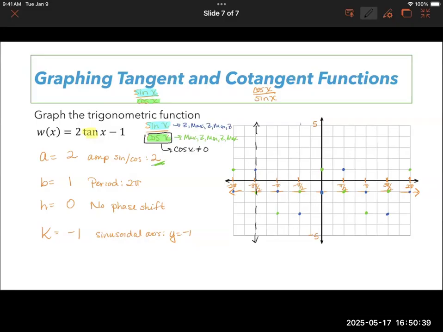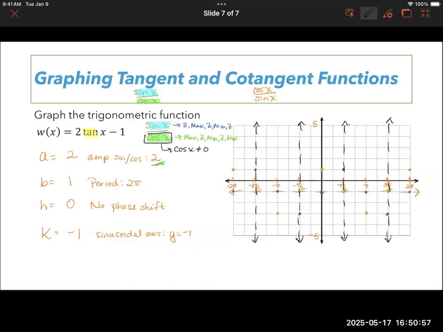So one there, one there, one there, and one there.